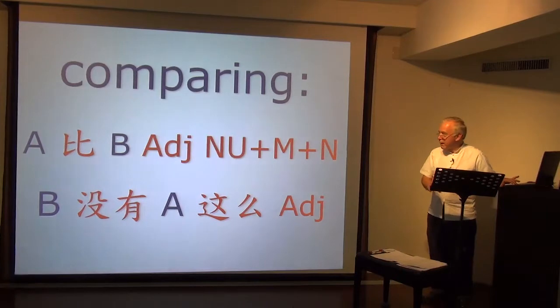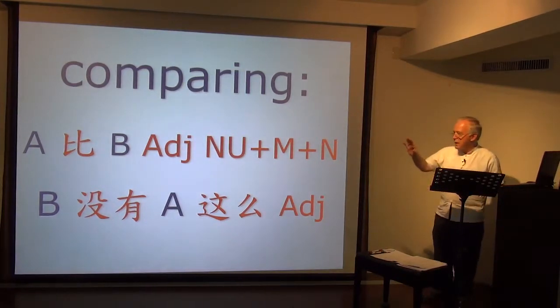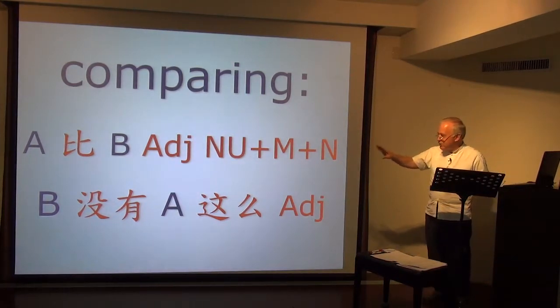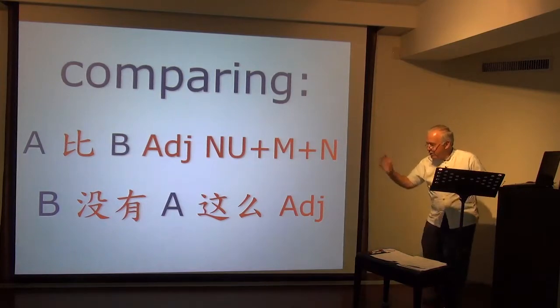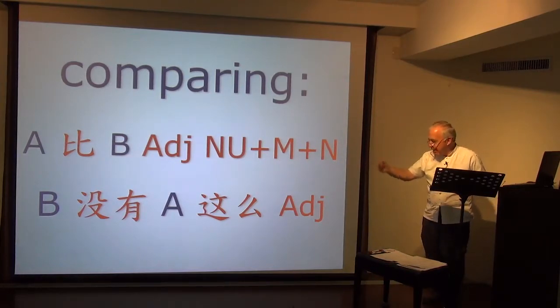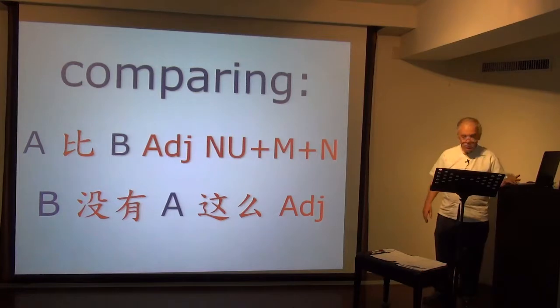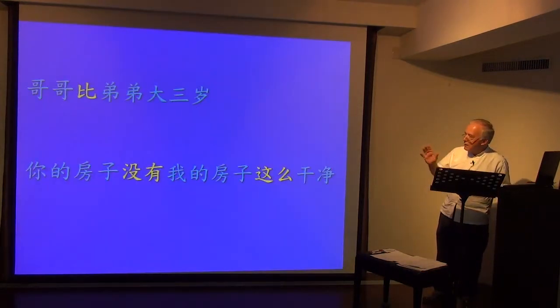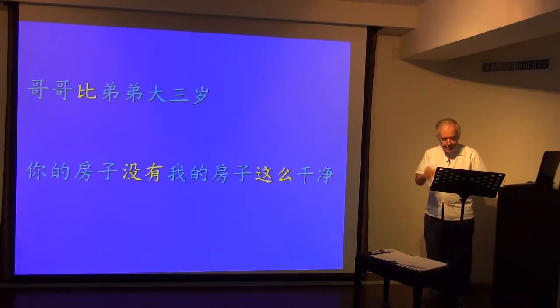A third way of comparing in Chinese is using A, B, adjective, number, measure, noun, and then turning it the other way around, B 没有 A 这么. Let's have a look at two sentences. 哥哥比弟弟大3岁. Again, it's the same difference as in English.